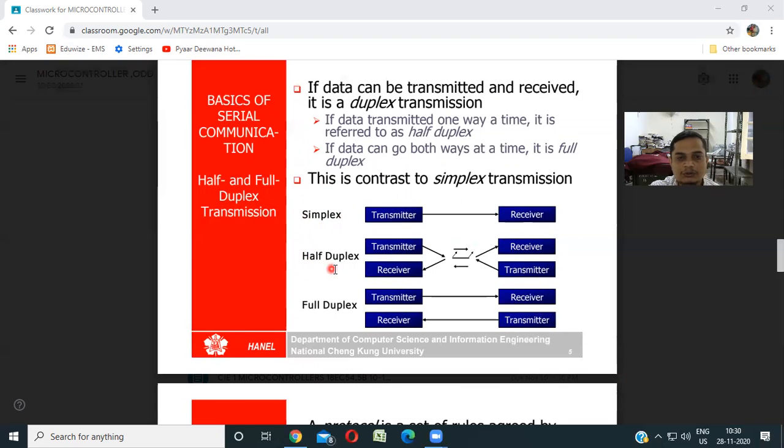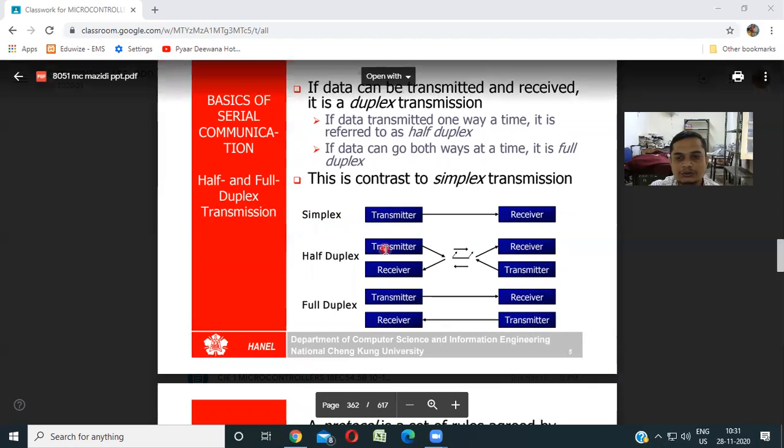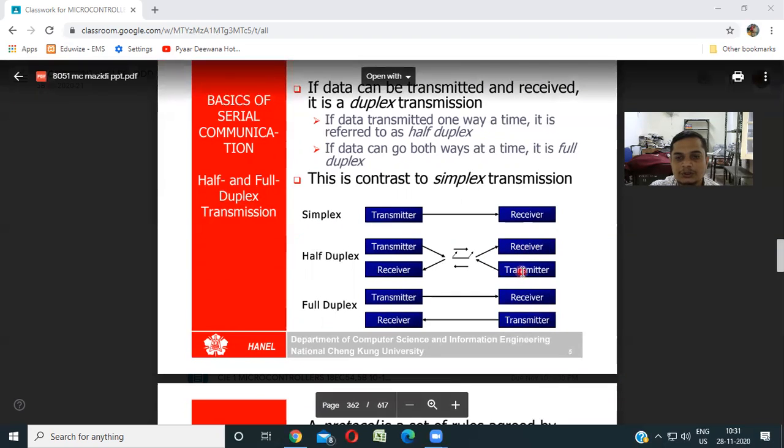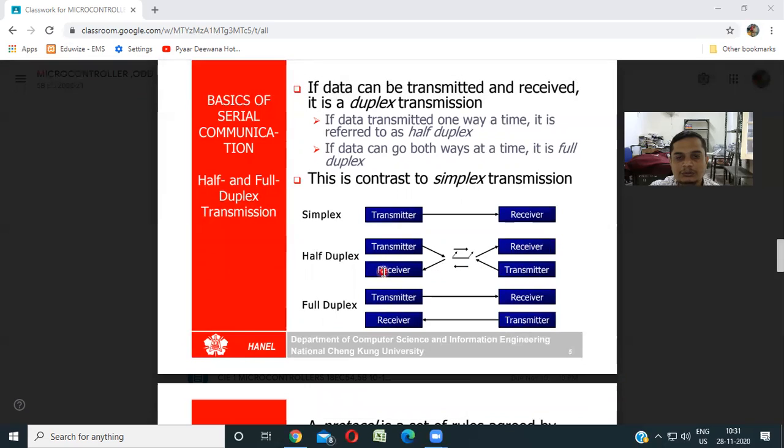The second one you can see here is half duplex. There we have the transmitter and the receiver. The transmitter sends the data and the receiver receives it. Then the receiver side sends the data and the other side receives it. Both operations are performed in two ways, but not at the same time.